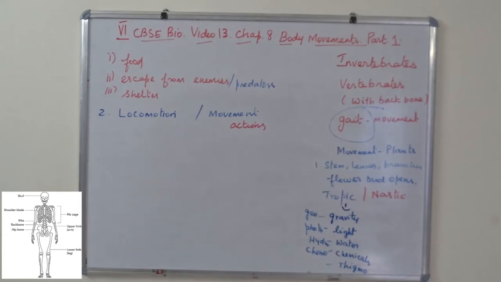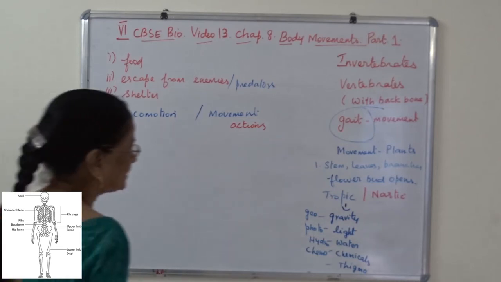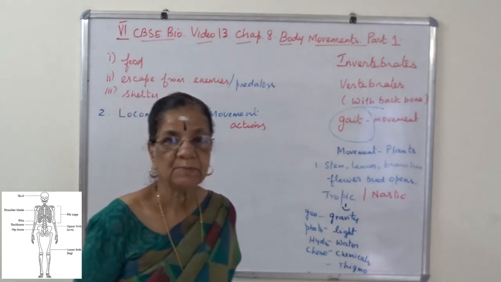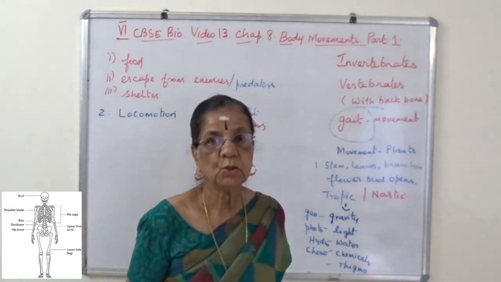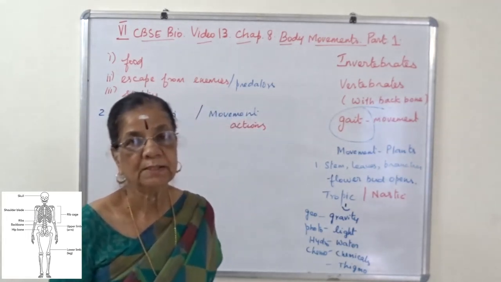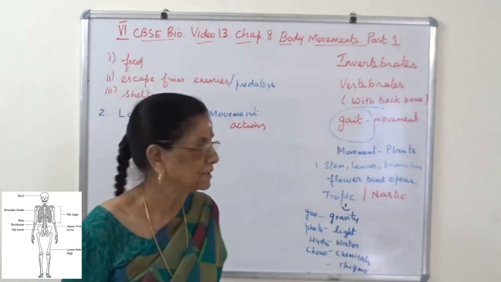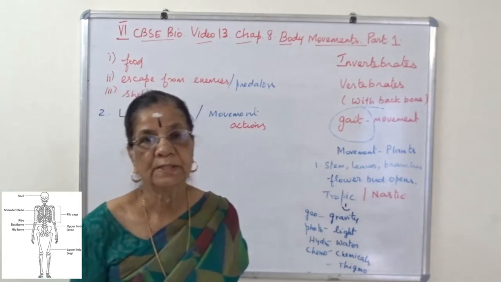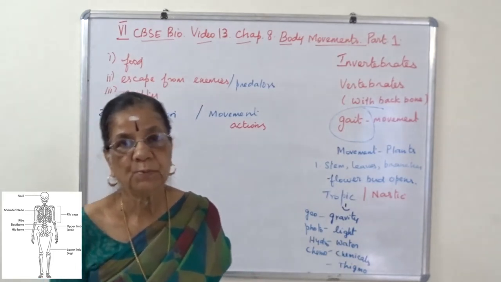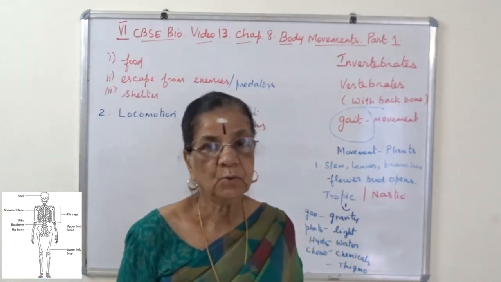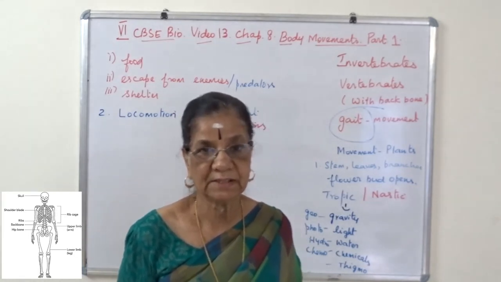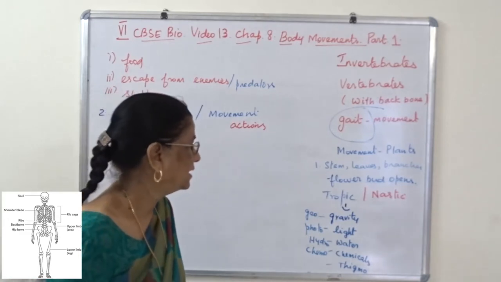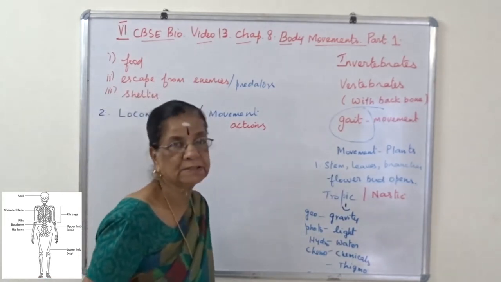So in plants, there is no locomotion as such, but plants will show movements. Normally there are two types of movements: tropic movement and nastic movement. When plants move towards gravity in response to stimuli, that is called geotropism.